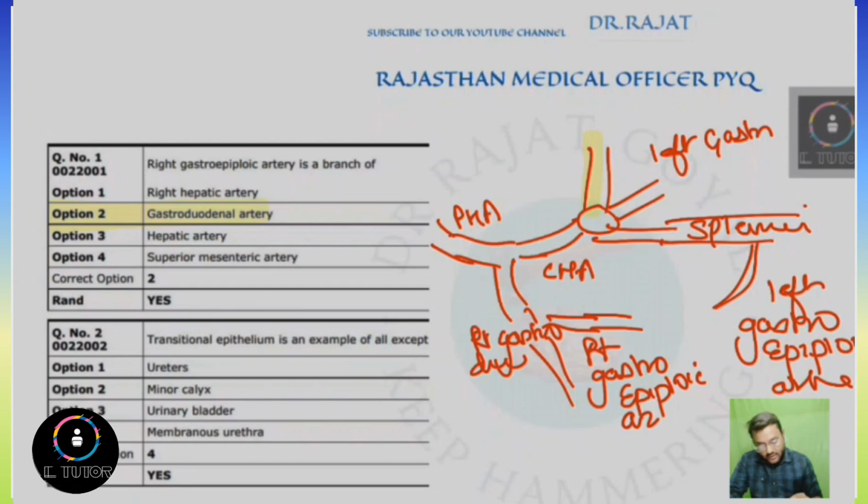Now next question is: transitional epithelium is the example of. So first option is ureter, then minor calyx, urinary bladder, and membranous urethra. Here answer will be option number 4, membranous urethra, because transitional epithelium is not present in the membranous urethra. In membranous urethra, columnar epithelium is present.